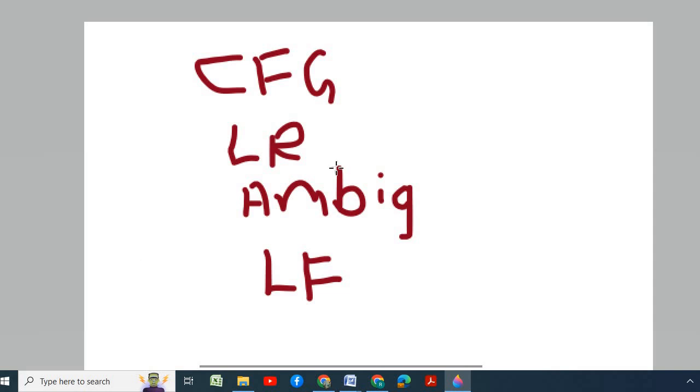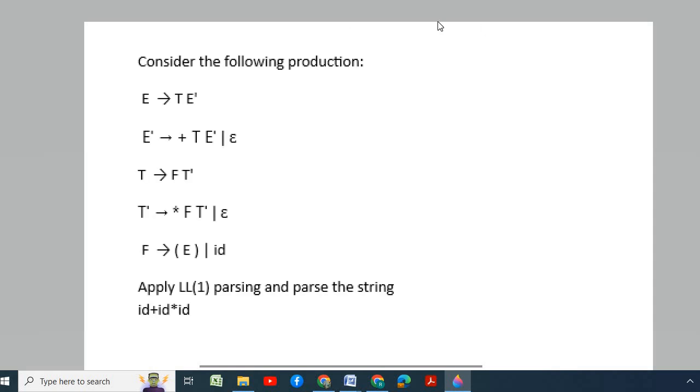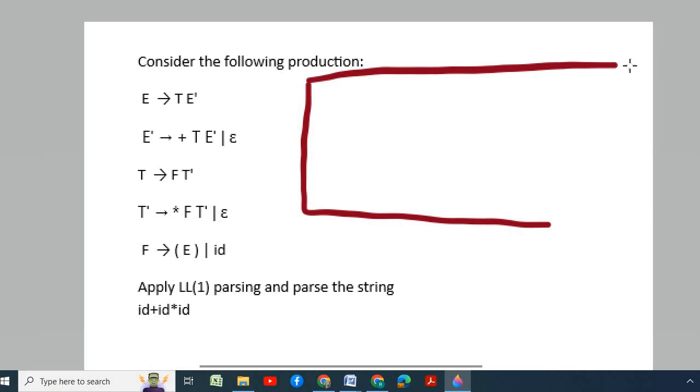So when we come to the steps, the first step is to find the first and follow for the given production. Let us find the first.